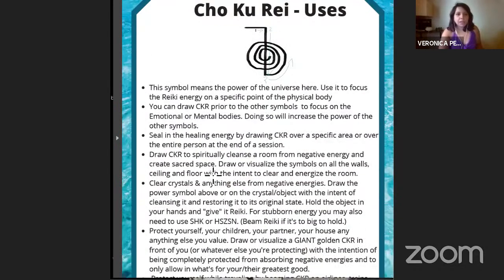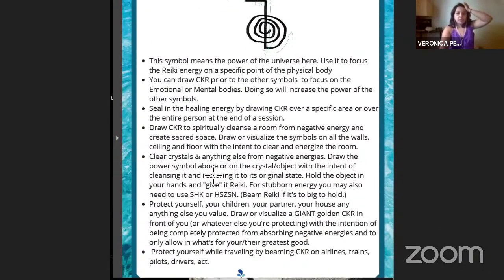So here we have Chokurei. You can see that there are a ton of different uses for Chokurei. We use it for protection. We use it for clearing. You can draw it big all over yourself, all over your partner, by visualizing this giant gold Chokurei in front of you or whatever else that you're protecting, and just imagining it absorbing and shielding you from all of those negative energies, so that way you just stay super cool.